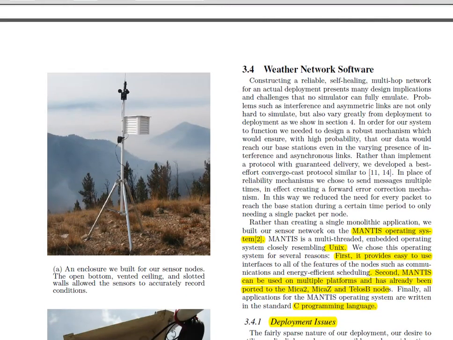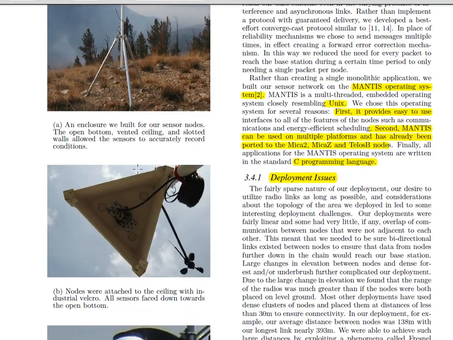All right. So about the software, they use the Mantis operating system. Later you will see the different types of operating system you can use for the WSN. In this case, they use the Mantis operating system, which is running on Unix. It is Unix based, in fact. The reason they choose it is that it provides easy to use interfaces.